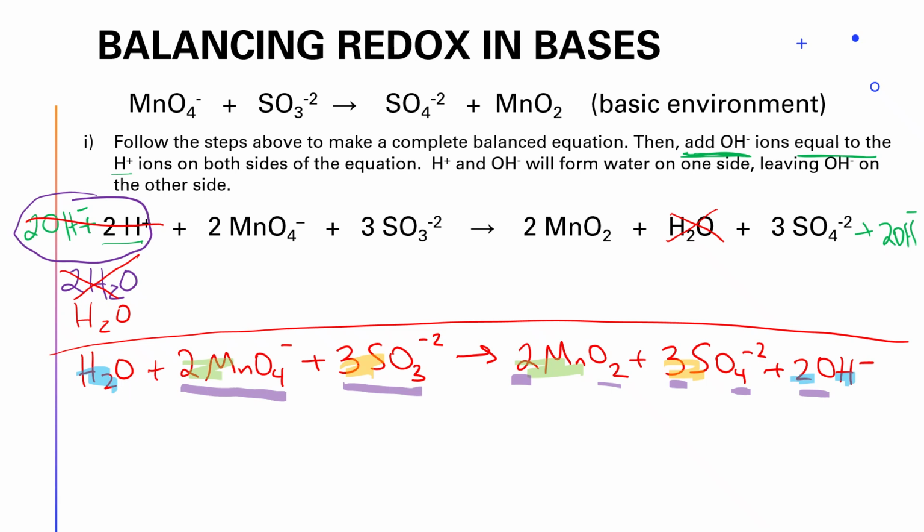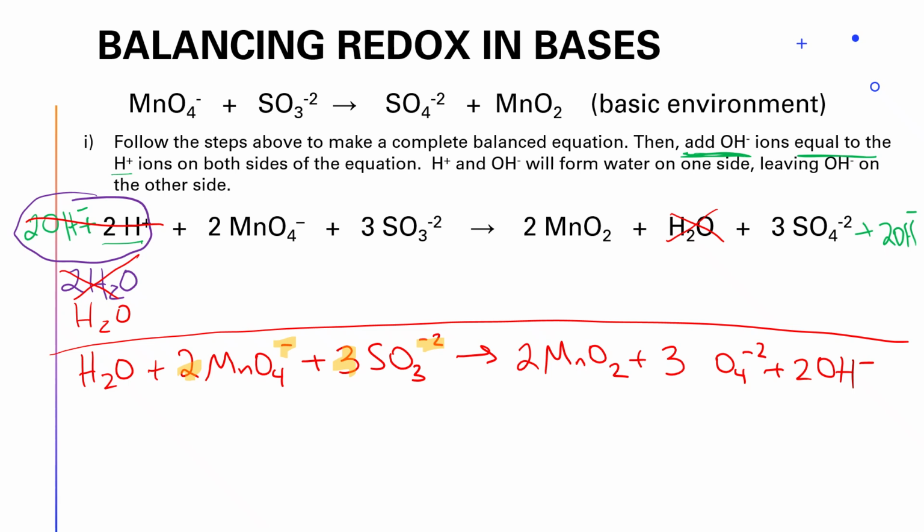And then for my charges, on the left, let me get rid of my highlights so we can see it easier. Let's try that again. There we go. For my charges, what we have is 2 negatives and 3 negative 2s. That is -8.